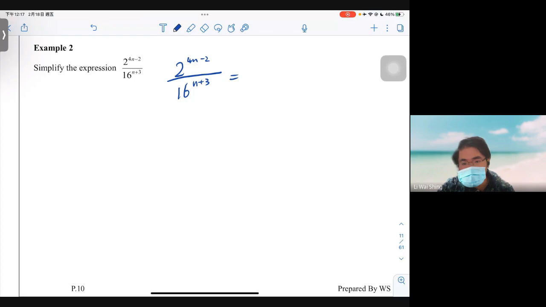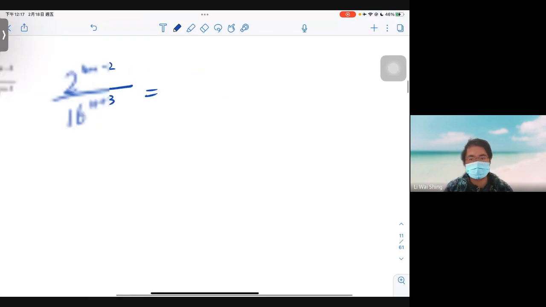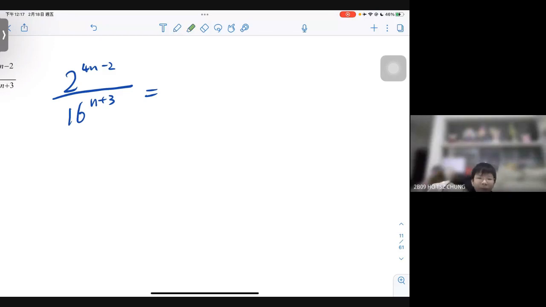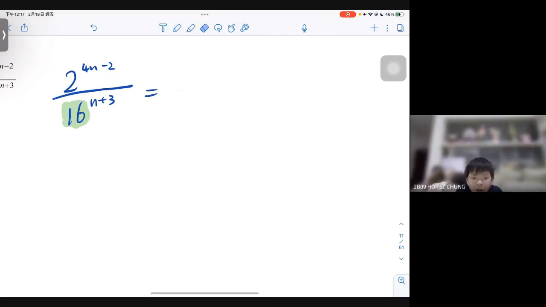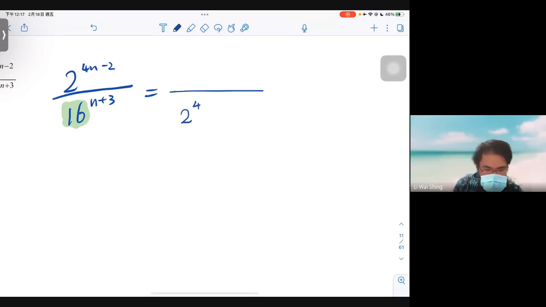Okay, Calvin, can you tell me how to do that? 16 and 2 are not the same, so how should it be? 2 to the power of 4. Yes, 2 to the power of 4.